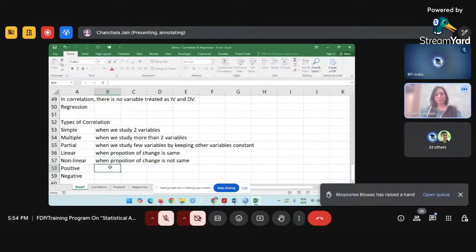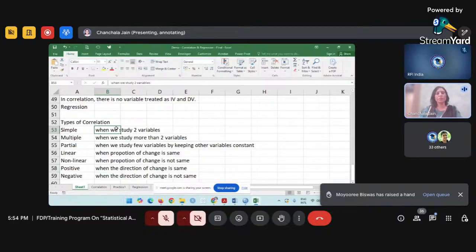Then positive, when the direction of change is the same, it is positive. When the direction of change is not the same, it is negative, right?